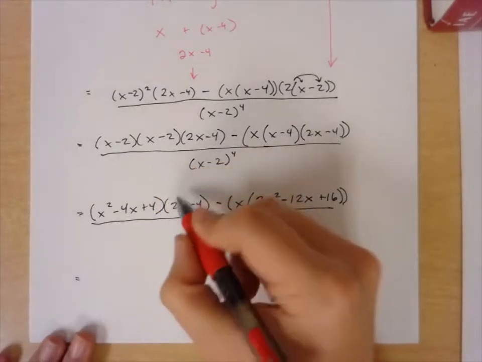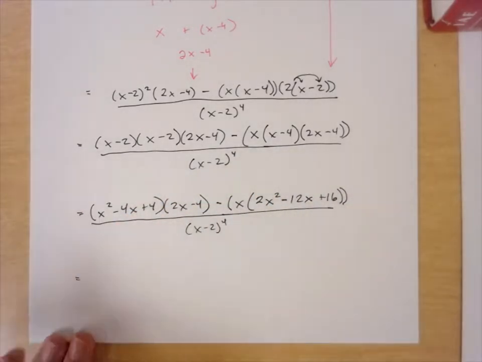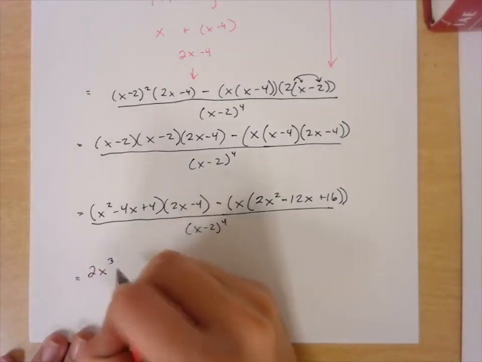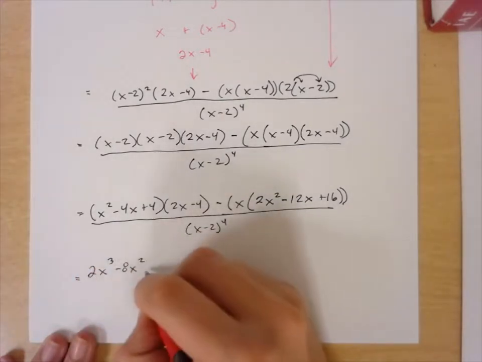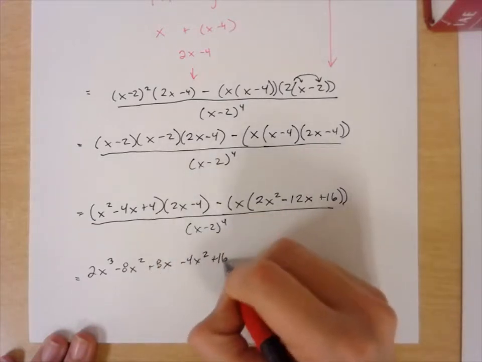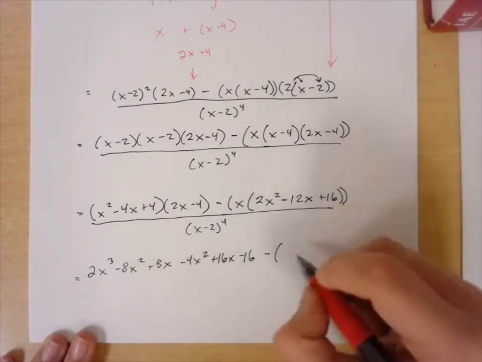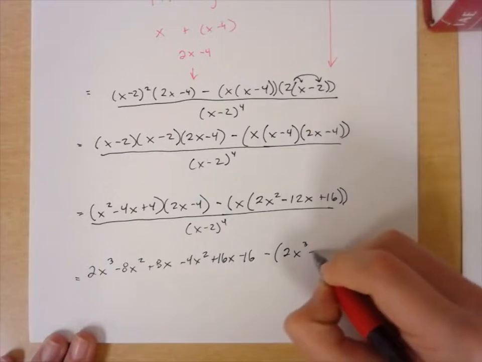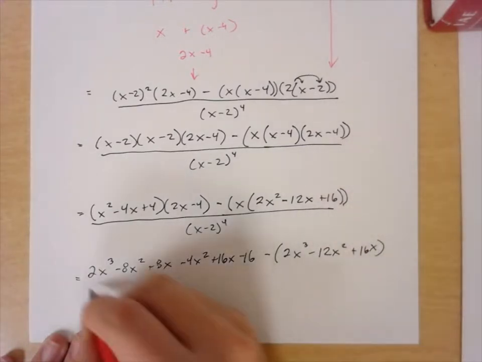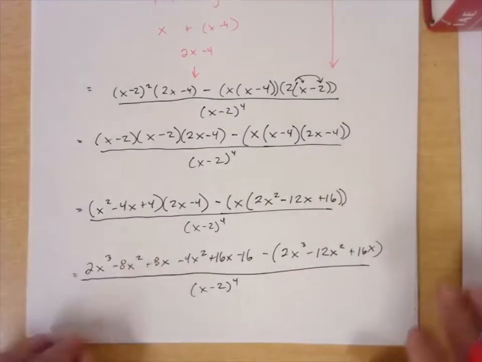And when I distribute this 2x and this negative 4 and this x to everything, I get a whole bunch of the following terms. I get 2x cubed minus 8x squared plus 8x minus 4x squared plus 16x minus 16 minus, in parentheses, 2x cubed minus 12x squared plus 16x. Alrighty, all over x minus 2 to the 4th.